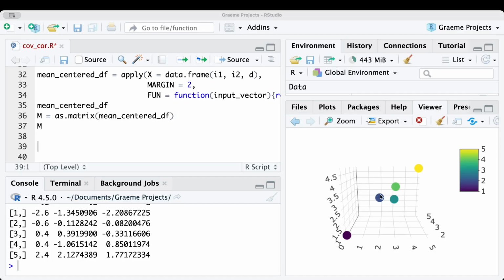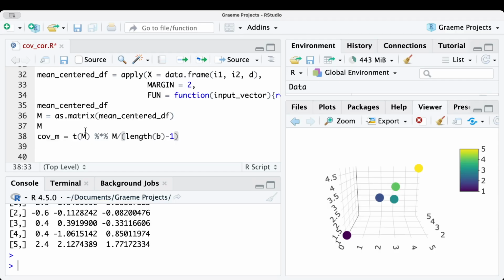And so then we can use this same exact formula that we had above, but modified to take in this matrix as the input instead of just the vector that we were using previously. So here we have the transpose of this matrix, and we're doing a matrix-matrix product here, and then we're going to divide it by our sample size minus 1.